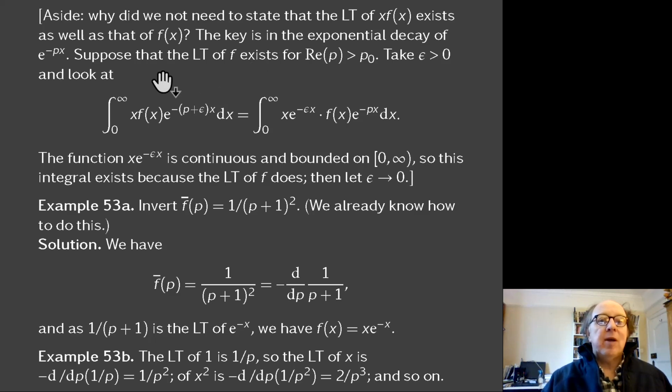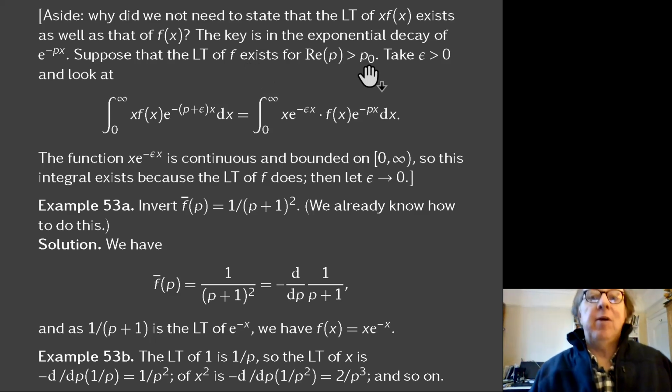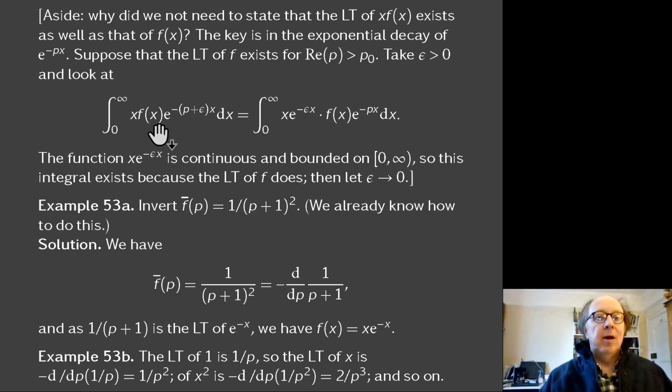Well, this is going back to the exponential decay of e to the minus px, because if I have the Laplace transform of f for the real part of p greater than p0, then if I look at the Laplace transform of xf at a very slightly further to the right value of p, e to the minus p plus epsilon times x, rearrange the exponent so that it's x e to the minus epsilon x times f e to the minus px.